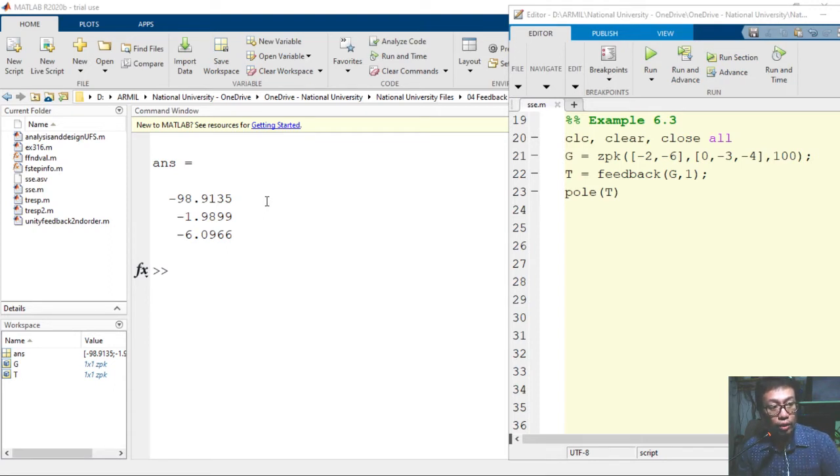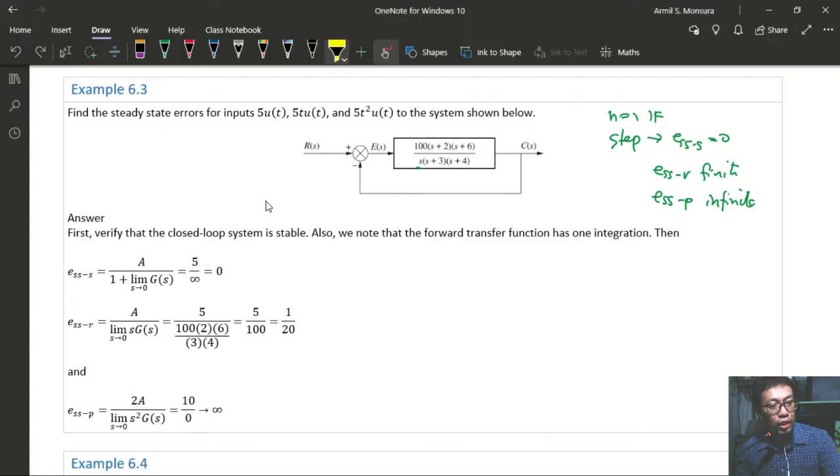So we can conclude na lahat ng poles nyo nasa left half plane and therefore your closed loop system is stable. Okay, so we can proceed now with the use of the formula nung ating equation 6.11, 6.12 at saka 6.13.